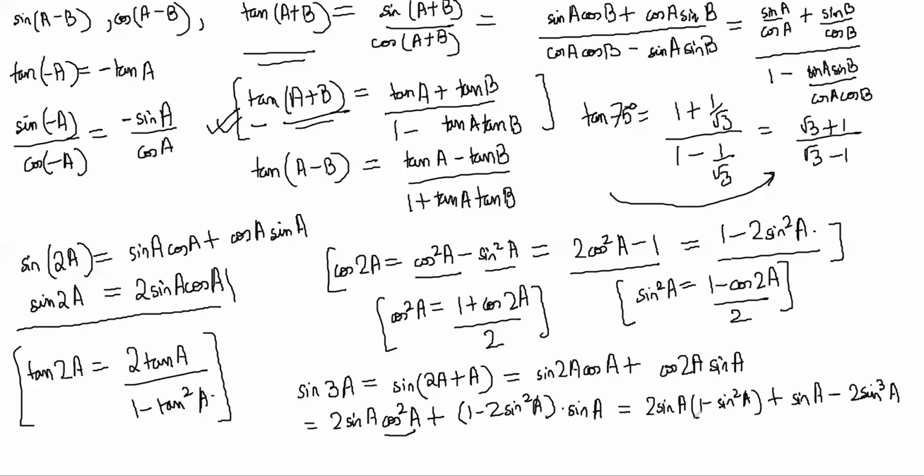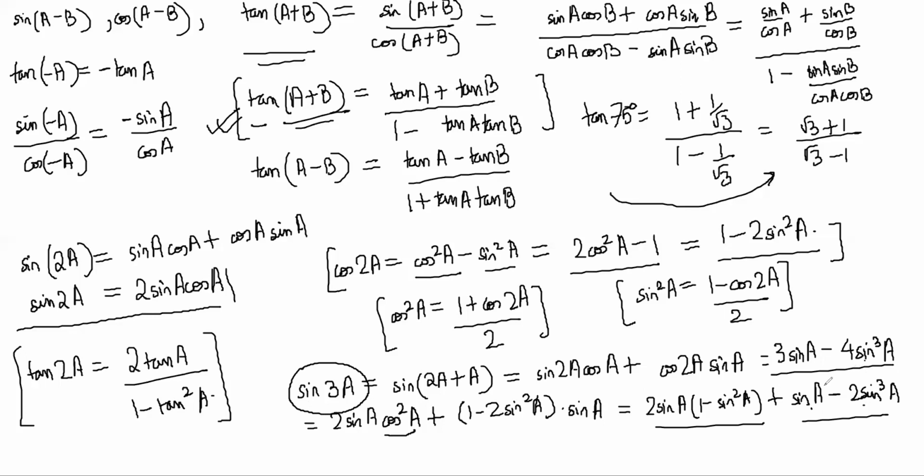So this is 2 sine A minus 2 sine cube A plus sine A minus 2 sine cube A. It will become 3 sine A minus 4 sine cube A. After simplification, 2 sine A plus sine A becomes 3 sine A, and minus 2 sine cube A and minus 2 sine cube A becomes minus 4 sine cube A, right? So finally, after simplification and using the formulas that we have derived earlier of sine 2A and cos 2A, you will get sine 3A becomes 3 sine A minus 4 sine cube A, right? Everyone is convinced on that?